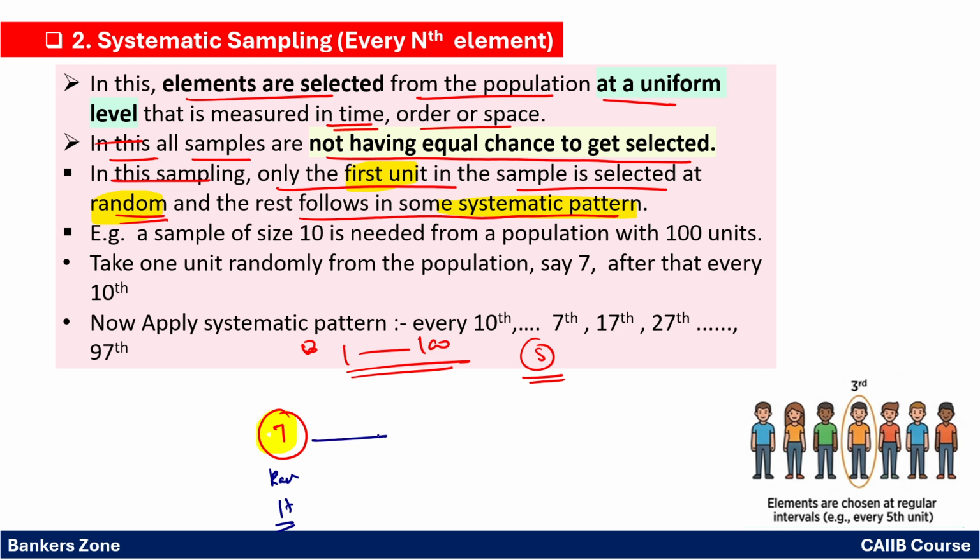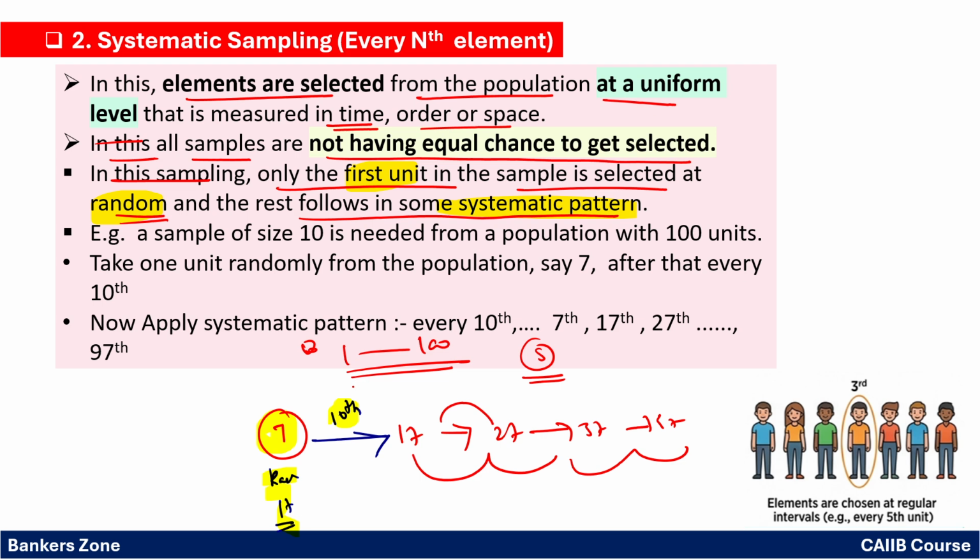Now we apply the logic after selecting the first element: say we select every 10th element. After 7 there will be 17, after 17 the next is 27, then 37, then 47. That means after selecting the first element randomly, you apply the logic of selecting every 10th element. That is called systematic sampling.